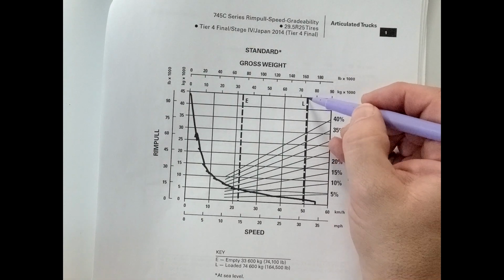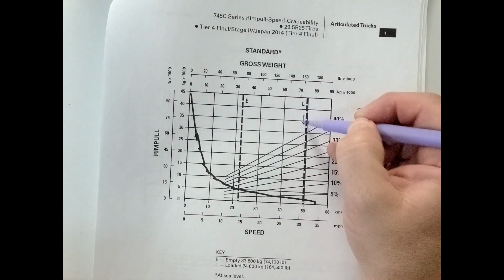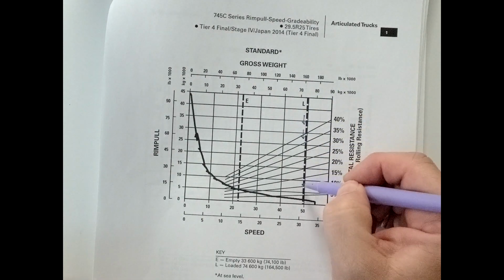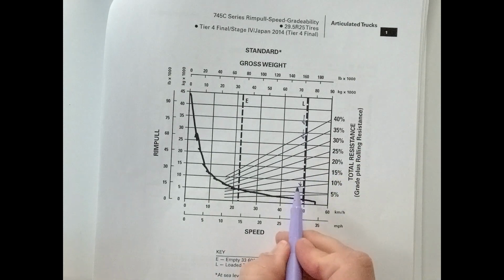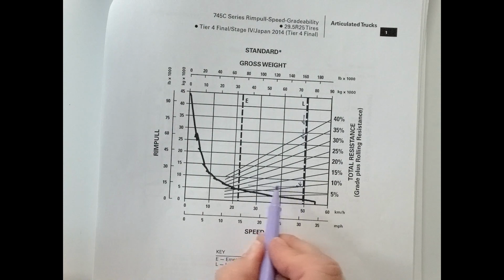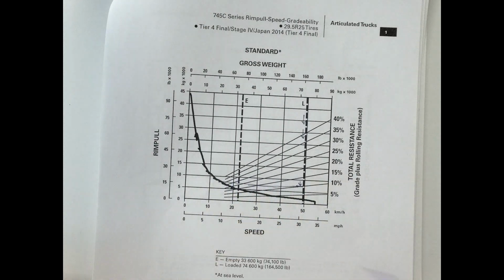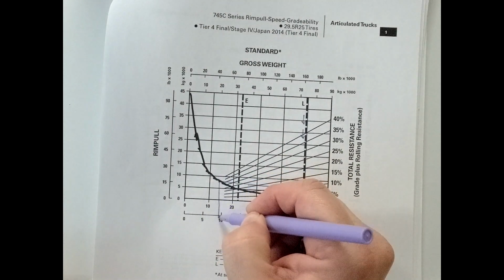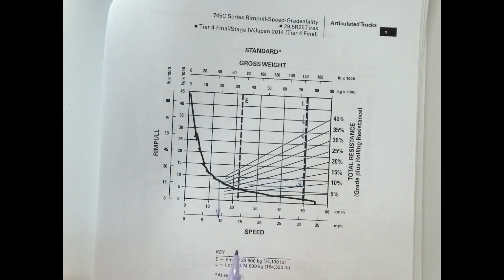We're loaded, so we come down the loaded line this way until we hit 10%. Then we come over here, we go along this line till we hit this point, and then we go down. And so our speed is going to be about 14 miles per hour.